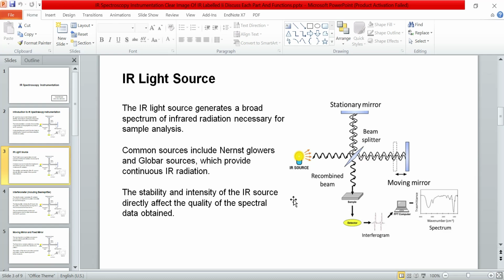So we need intensity, stability, and more powerful electromagnetic radiation to get a quality spectrum. I can say that the stability and the intensity of our source is very effective to get the accurate result and the accurate spectrum of that compound.